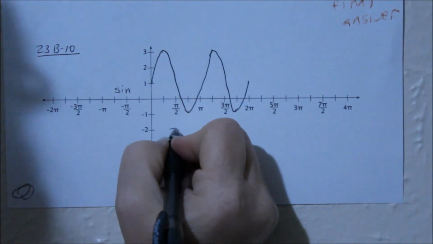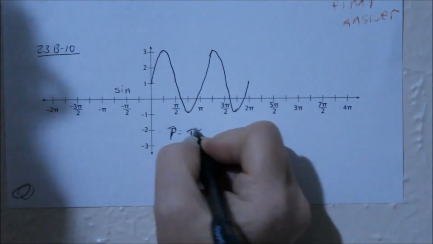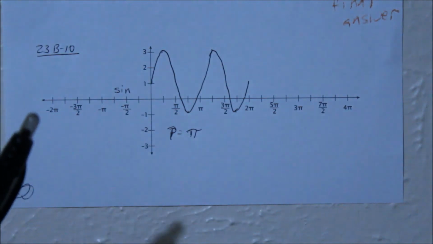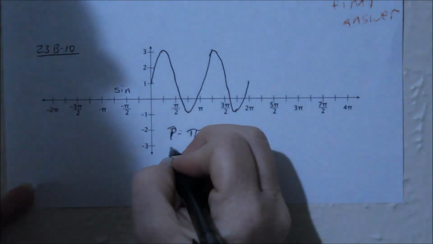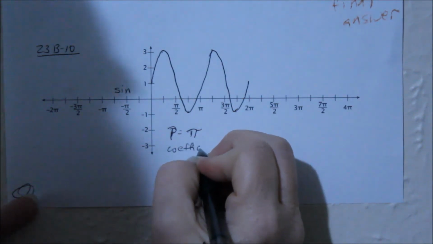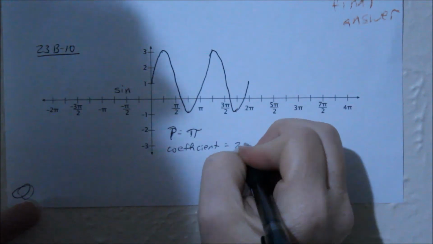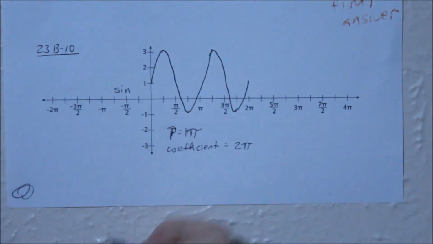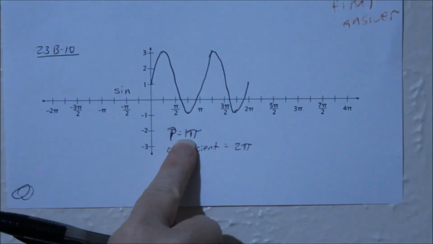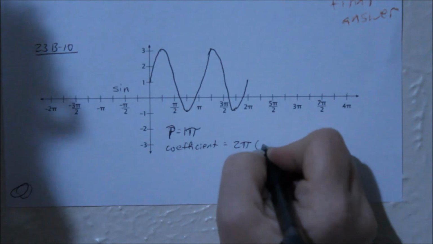So, I know the period is pi, but I've got to determine, with that being said, what is the coefficient in my equation? Okay, and on your sheet we wrote down that the coefficient is going to be 2 pi times the reciprocal of this. This was 1 pi, okay? So the reciprocal of 1 is just 1, so that's times 1.